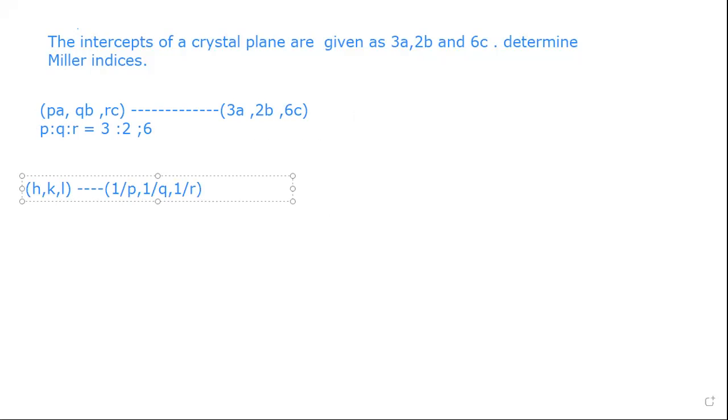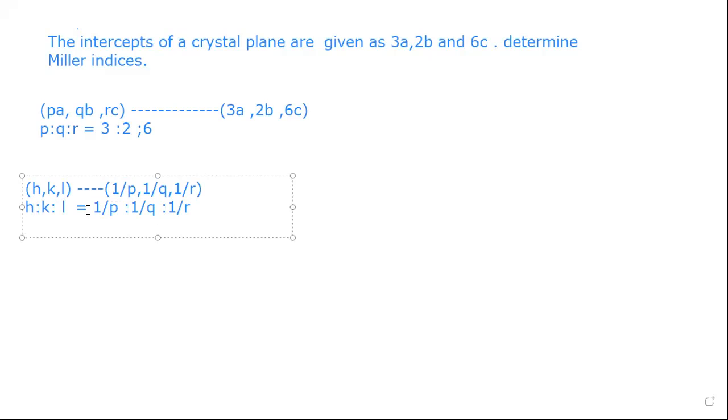To calculate the h, k, l values, we have to take the reciprocals of 3a, 2b, and 6c. So we'll write the ratio h, k, l, which is the ratio of the fractions: 1 by p is to 1 by q is to 1 by r.